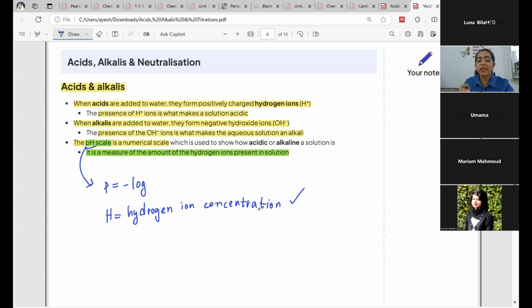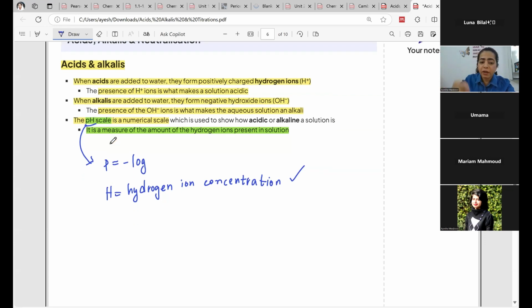So if they ask you what is the definition of pH scale, the pH scale is basically a measurement of hydrogen ion presence in the solution. Because pH is just telling you how much hydrogen is there. If hydrogen ion concentration is more, it means it is acidic. If hydrogen concentration is less, OH is more, it means it is alkali.